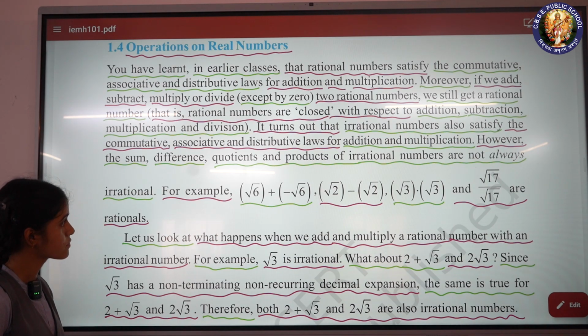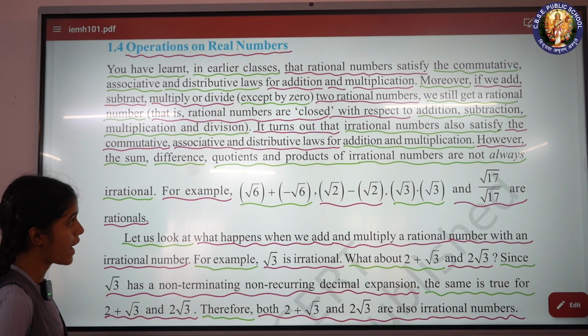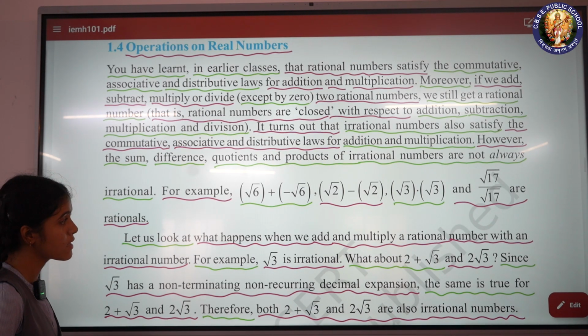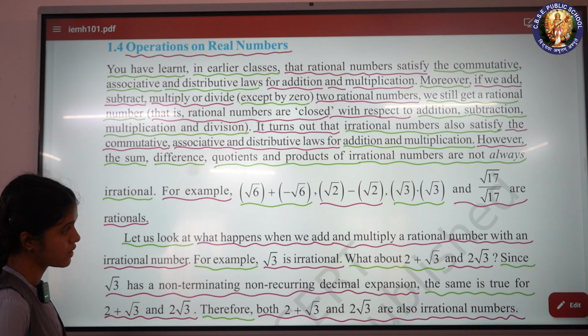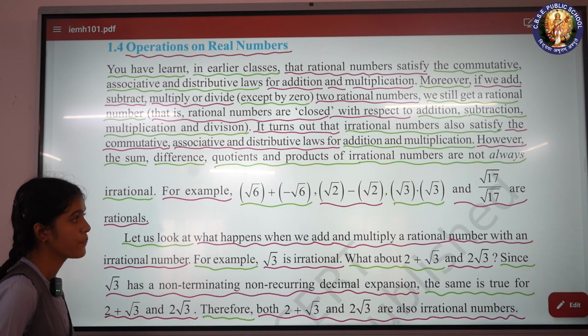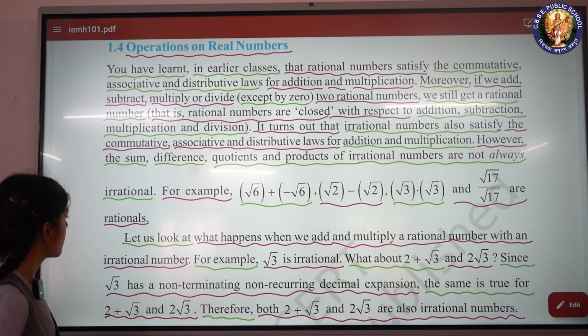For example, (root 6) + (minus root 6), (root 2) minus (root 2), (root 3) into (root 3) and root 17 by root 17 are rationals.